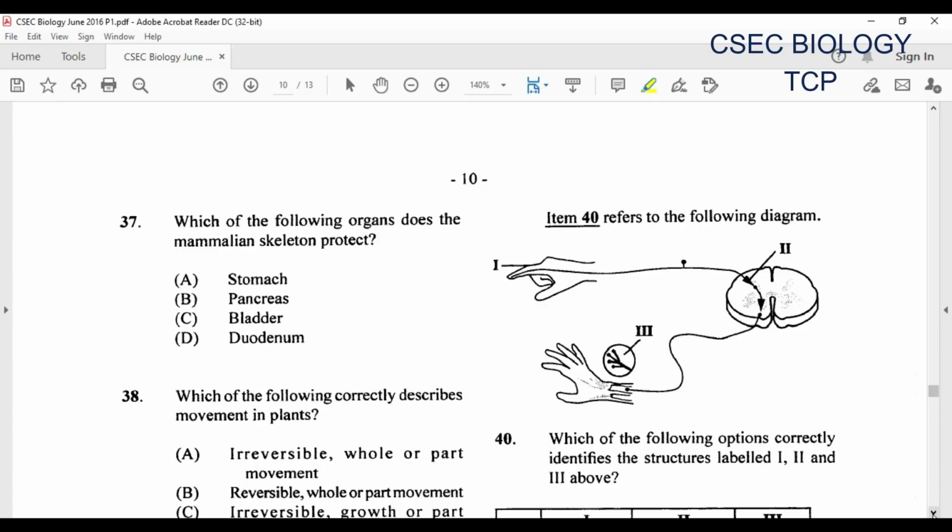That's where we would find the bladder. And the stomach, there's a part of the stomach that you can feel just below the sternum when you are doing that Heimlich maneuver. However, there's a portion that is pretty much seated behind the rib cage, right? So the best answer I think here is of course going to be A. Move on to question 38.